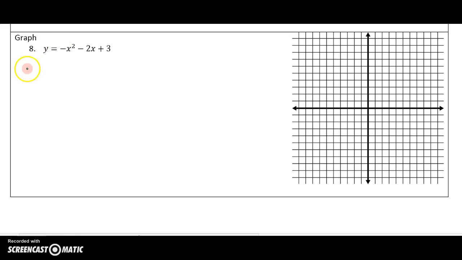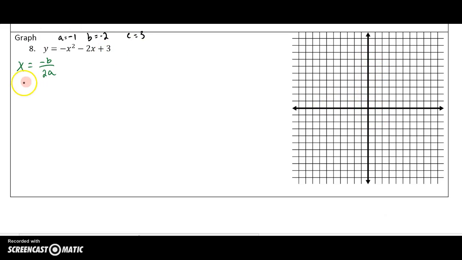I'm going to do that first by finding the axis of symmetry, and that occurs at the opposite of b over 2a. So I know that a is -1, b is -2, and c is 3. That's going to come in later for our y-intercept.